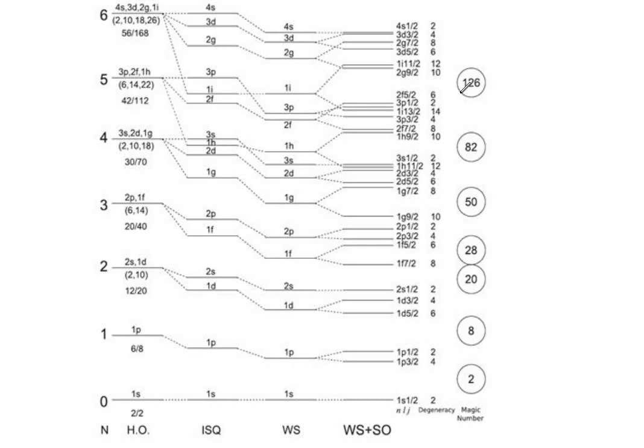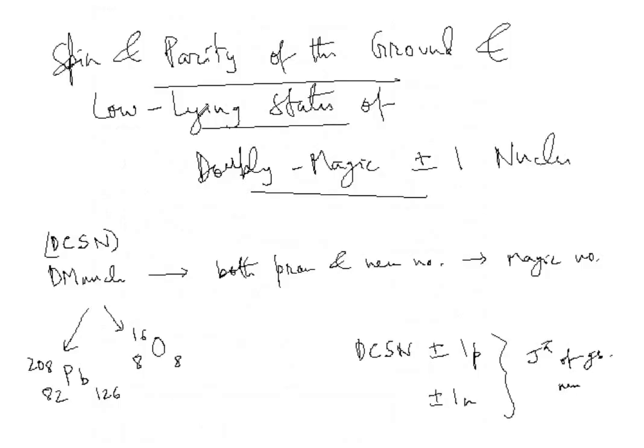Now let us call this part, which corresponds to the doubly magic numbers, the core part. Then one can fill the last, 127th neutron, called the valency neutron. Suppose I want to see where the 127th neutron goes in the nearby nucleus, which has one more neutron than 208 lead.